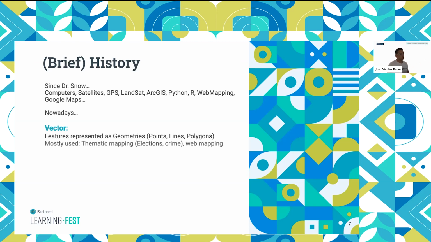And this is mostly used in thematic mapping. So kind of like some of the election maps you can see around, or web mapping, or crime mapping. The other main kind of data is raster data, which is features represented as a discrete grid.